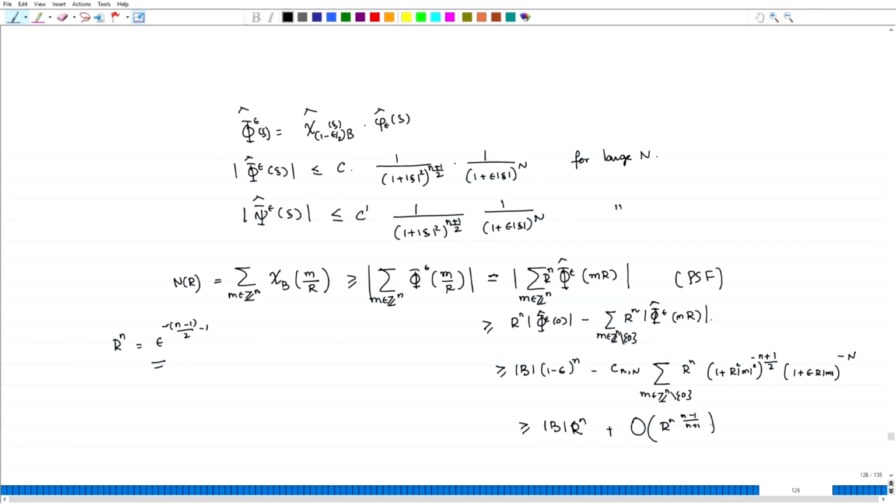So, similarly, if we do exactly the same computation for psi epsilon, we get the other side of the inequality.